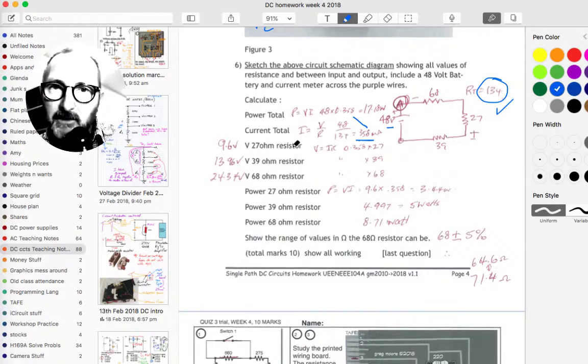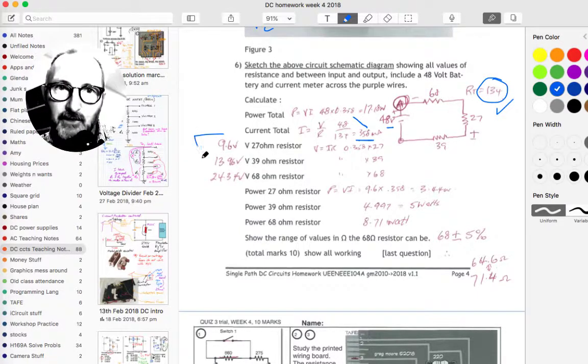The voltage on the 27 ohm resistor, V equals I times R, 0.358 times 27, times 39, times 68, and here are the voltages shown over here. So you can mark your own work against those. And of course, easy to check if they're correct because they have to add up to 48 volts.